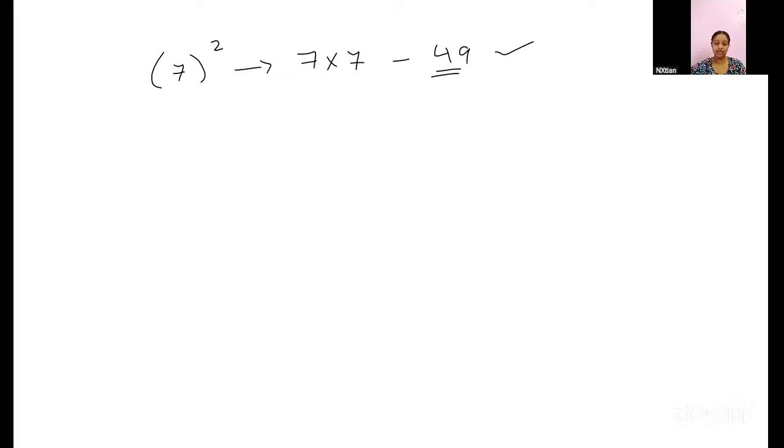But there is a sutra for this particular calculation. Let's take a look at that.